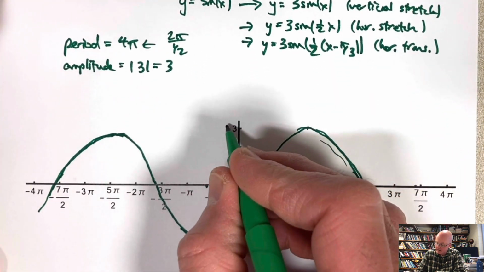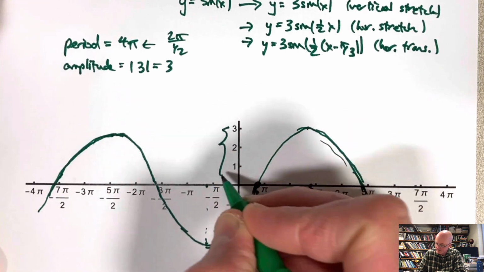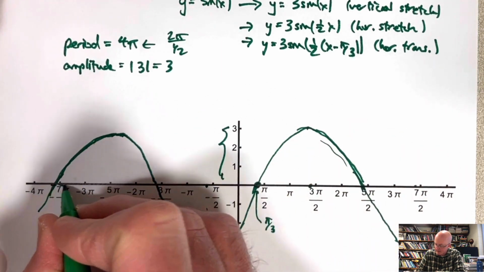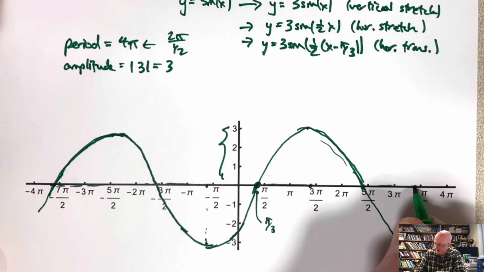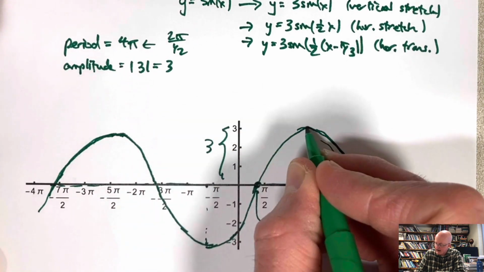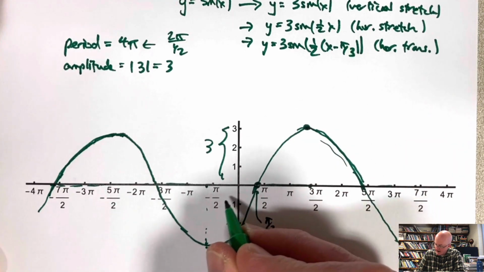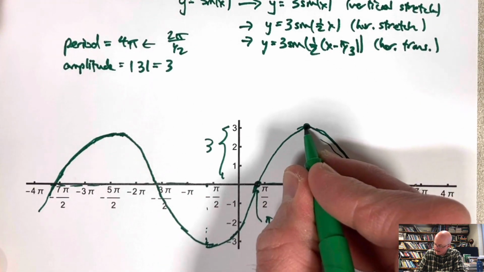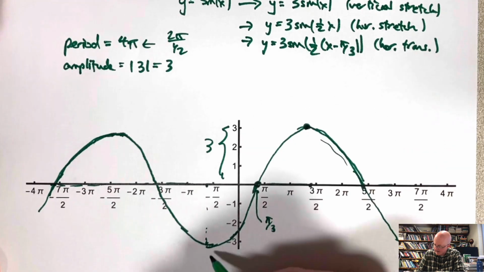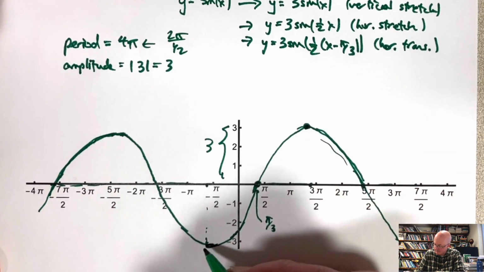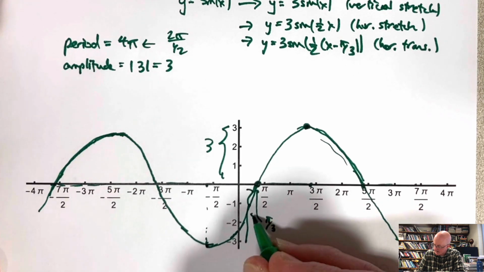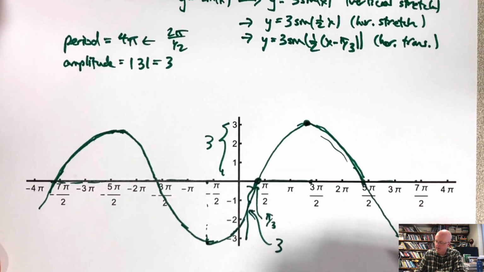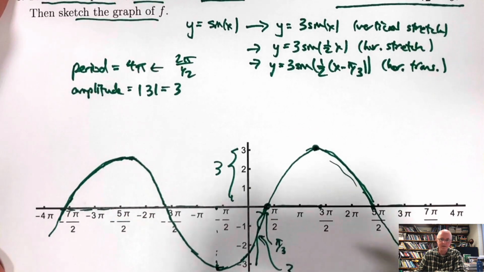It represents the vertical distance between what you might call the average value of the function, the midline going through the middle of the graph, and the peak, the high point, or the valley, the low point. The second coordinates of this point and this point are plus 3 and minus 3. That vertical distance there is also a 3. That's called the amplitude of this function.